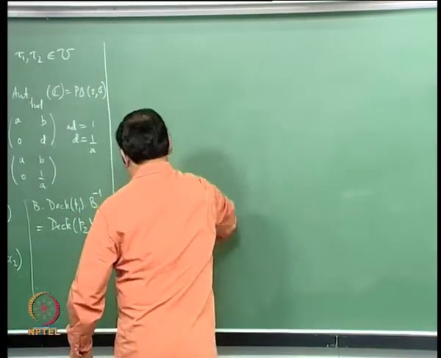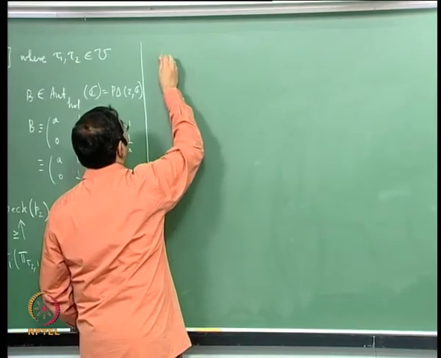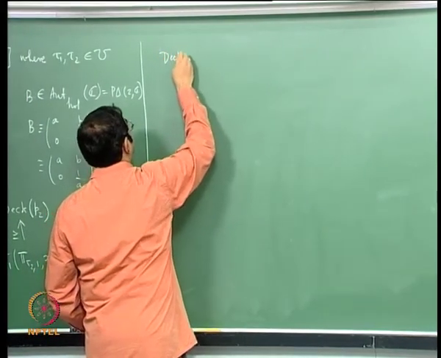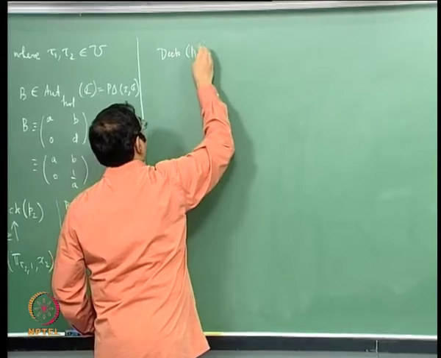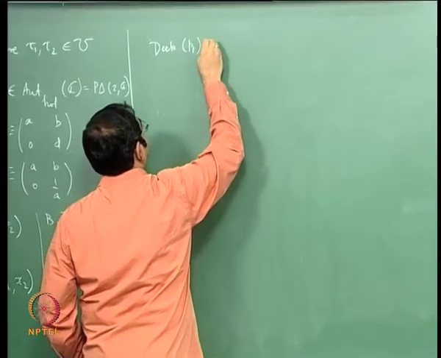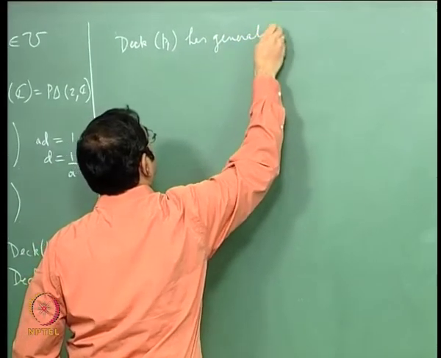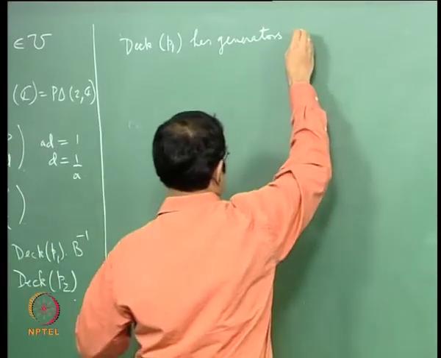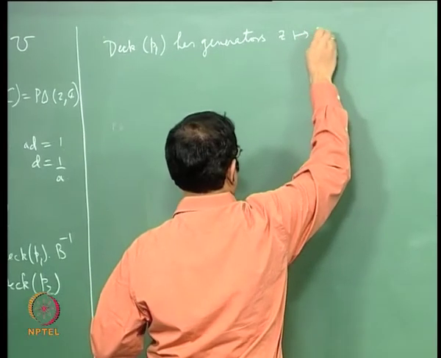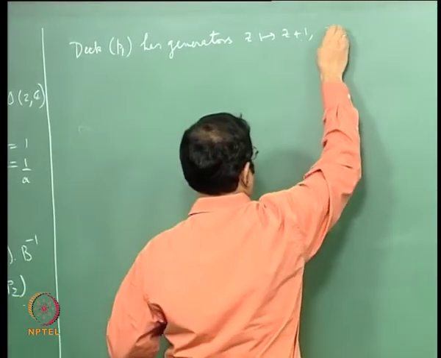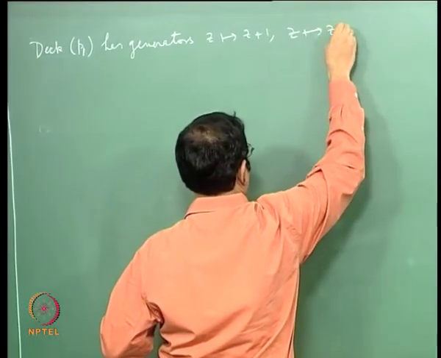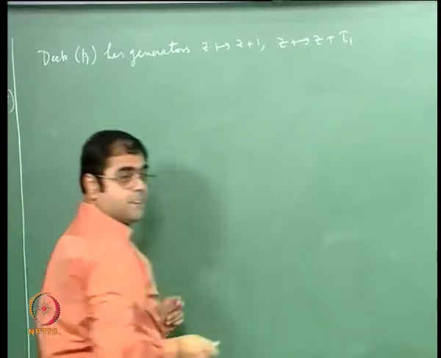So we have Deck(P1), the deck transformation group of P1, which has generators z going to z plus 1, z going to z plus tau 1.